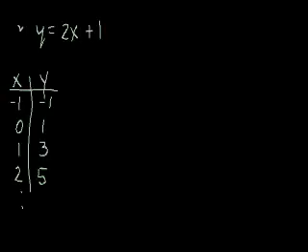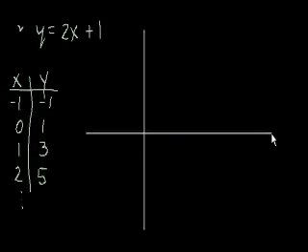So let me see if I can draw this somewhat neatly. I'll use this line tool so I get straight lines. Okay, that's pretty good. Now let me draw some coordinate points. So let's say that's 1, that's 2, that's 3.